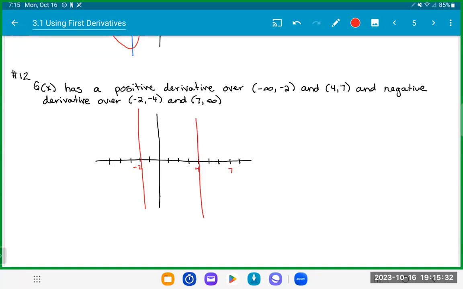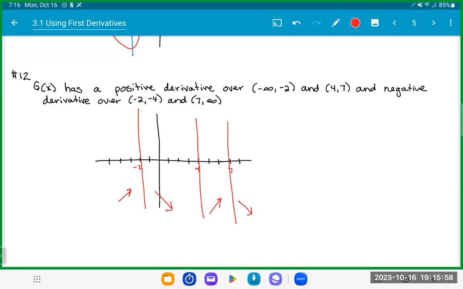So on this interval, it is also positive. So remember, positive derivative means we're increasing, and a negative derivative means that we're decreasing. And so from -2 to +4, our graph is decreasing. And from 7 to infinity, our graph is decreasing.